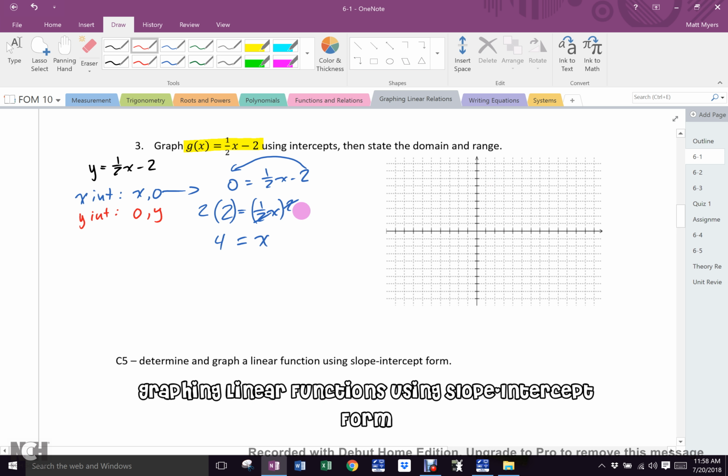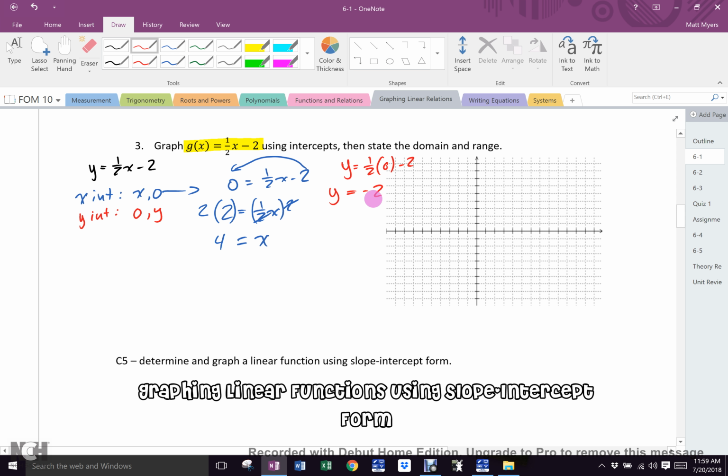So what's the y? What's going in for y? Y equals 1/2 times 0 minus 2. What's 1/2 times 0? 0 minus 2? Negative 2. So y equals negative 2. So, were there any fractions? No. So can I just use the graph as it is?